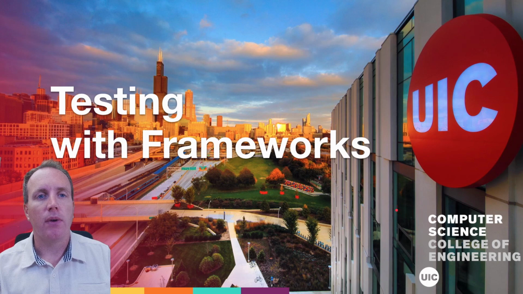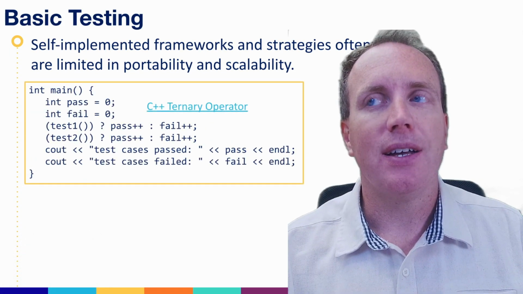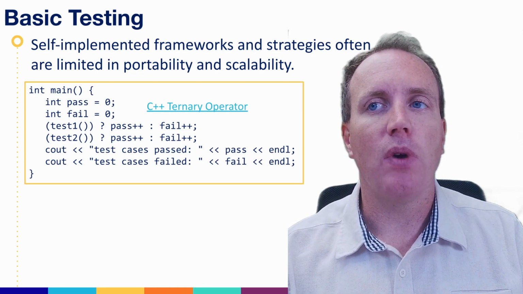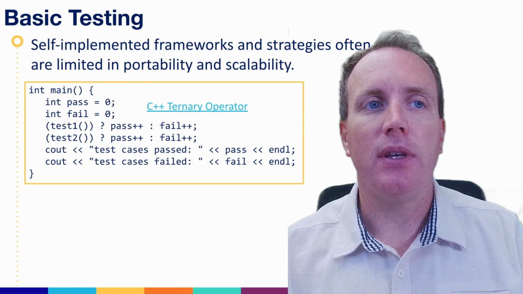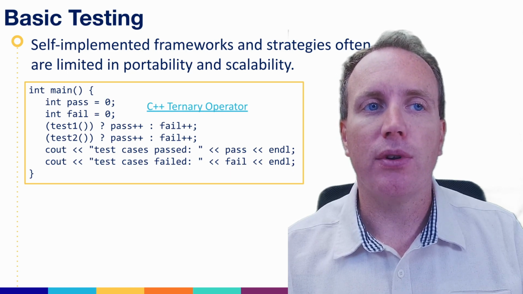So we can go through a little bit about testing first, and what we have covered before. We've done basic testing, which is when we write our own frameworks. That can be limited in scalability and portability.